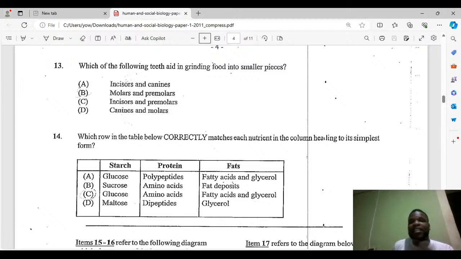I'm not even looking for the answers. I'm gonna ask you what I want. So what is starch simplest form? Let's get it in the chat.